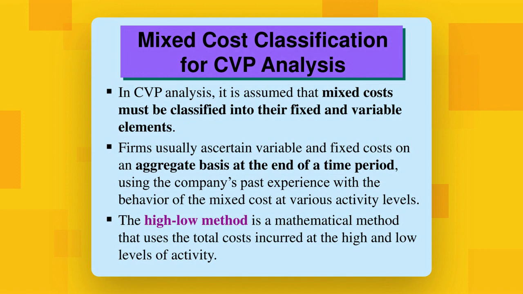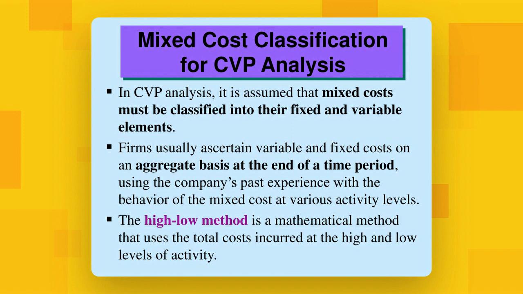Okay, ano bang ibig sabihin ng high-low method? In terms of the high-low method, it is the mathematical method that uses the total cost incurred at the high and low levels of activity.